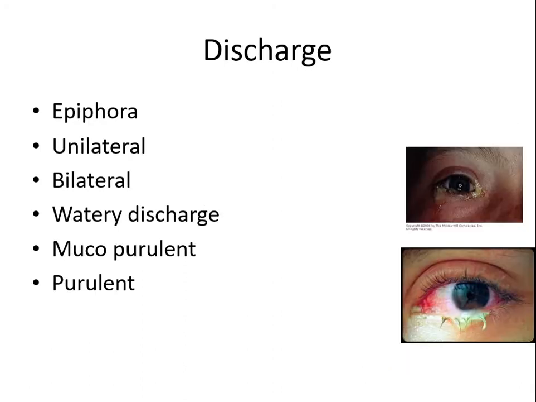Then the next complaint which patient commonly comes to the ophthalmic OP is discharge from the eye. Whenever patient complains that he is having watering from the eye, you should ascertain whether it is excessive lacrimation or overflow of the tears or pathological discharge.